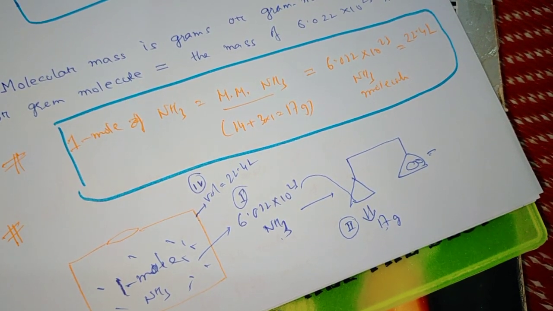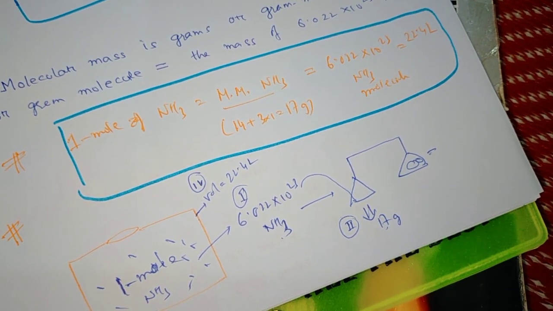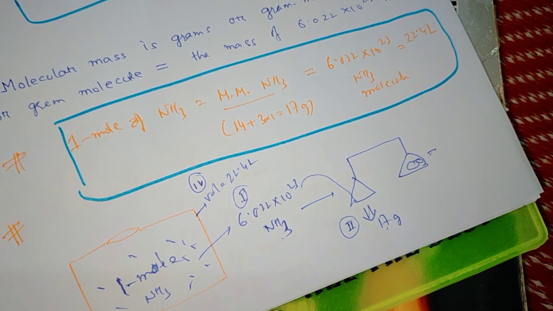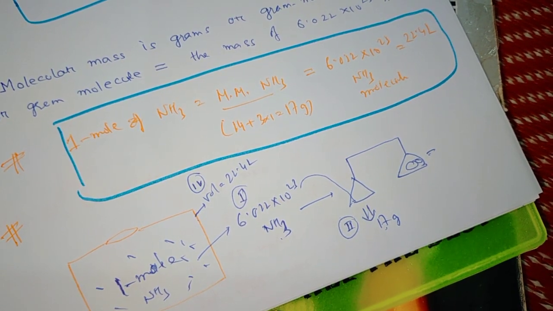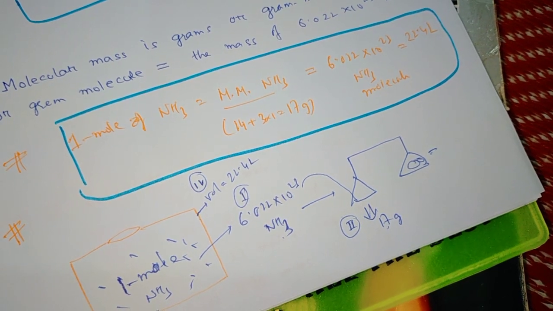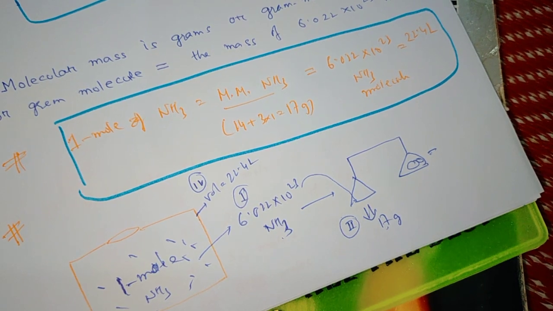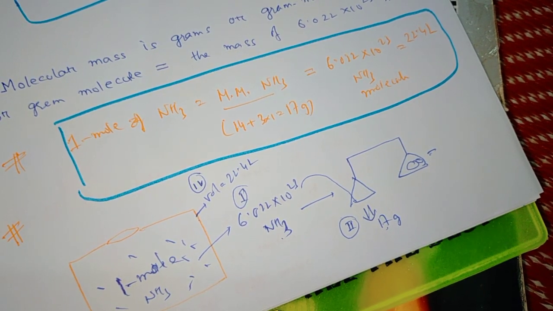Now if I take the weight of that 6.0 × 10^23 methane molecules, then I will get that one equal to 16 gram. Why 16 gram? Because one carbon weight is 12 gram and 4 hydrogen weight is 4 gram, 16 gram. Now in the same case, if you want to know the volume of that container, you will get 22.4 liter.